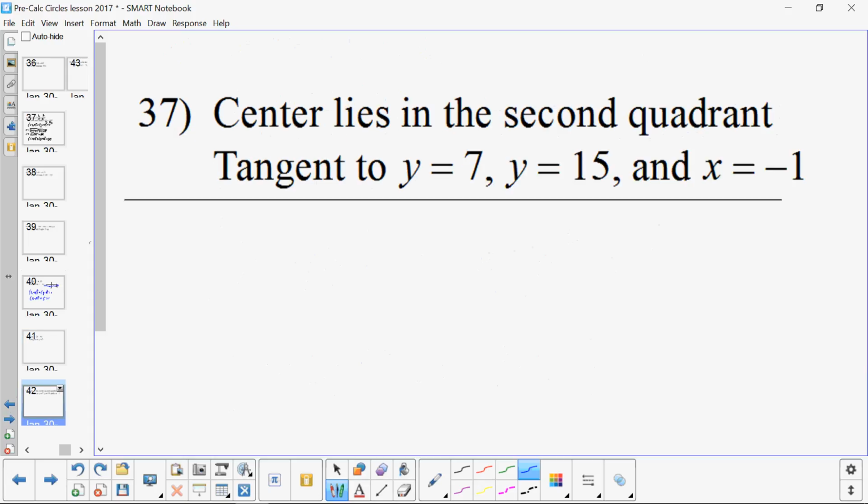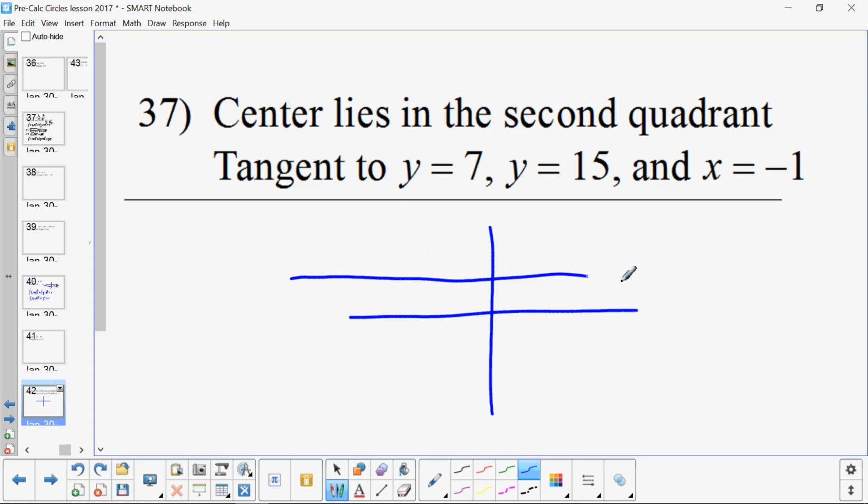So 37. The center lies in the second quadrant. So obviously, you're going to have a center here. It's also tangent to the lines y equals 7 and y equals 15, and x is at -1.